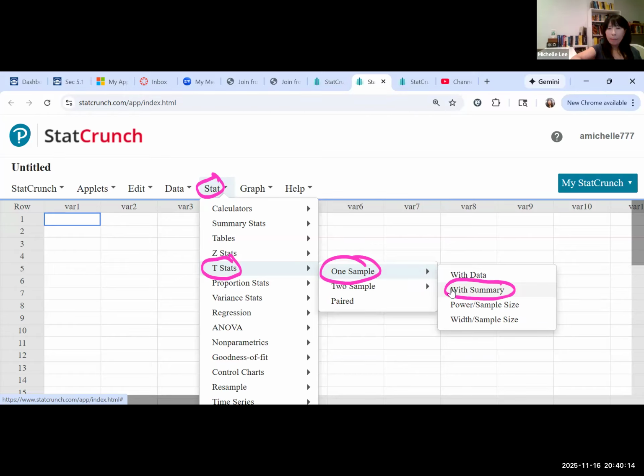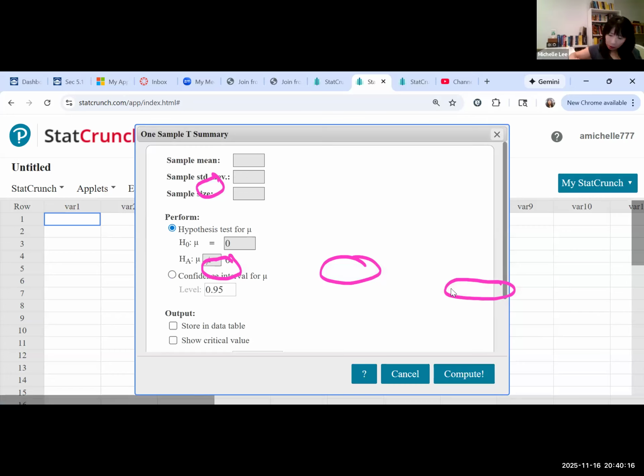Let me click. Then the sample mean: we have 50.7. Sorry, I have a lot of things on the screen and I need to move around.